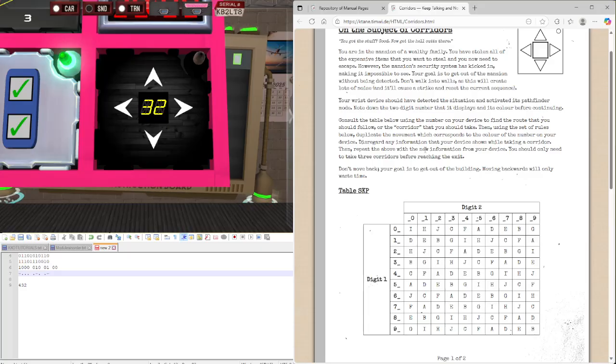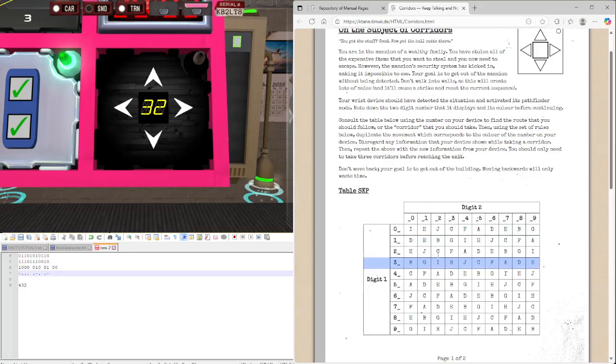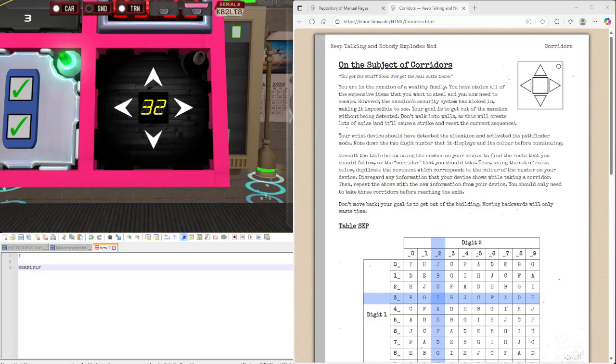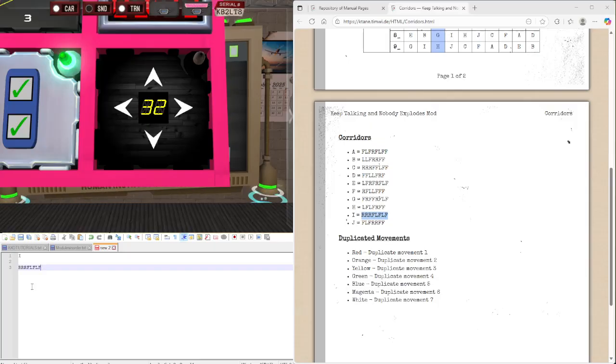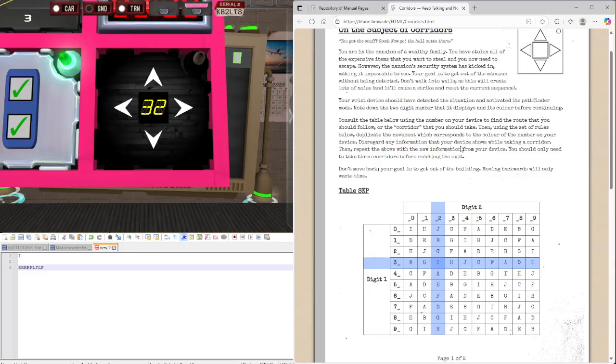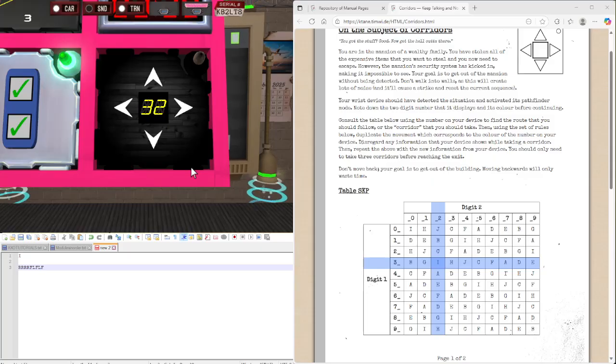And the corridors. Number on your device and find the route you can follow. 3, 2, that gives us I. Then use the several below to duplicate the movement, but to colour if you otherwise. Duplicate movement 3. Hopefully.